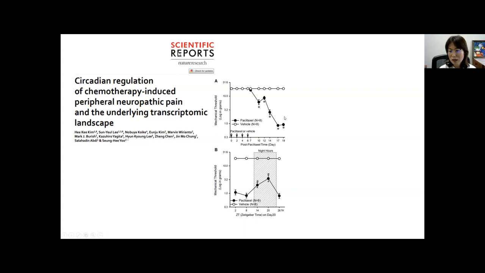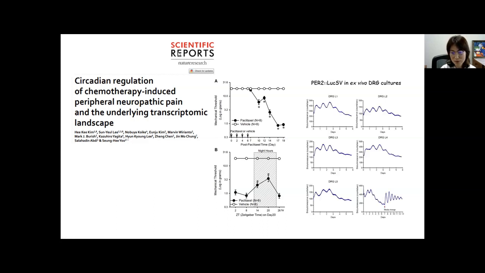After establishing this chronic pain model, we decided to look at the circadian rhythm of the pain response. When we measured pain every 6 hours during one circadian cycle, you can see that the pain sensitivity threshold is much higher during the nighttime than daytime. So there was an obvious circadian oscillation of pain sensitivity.